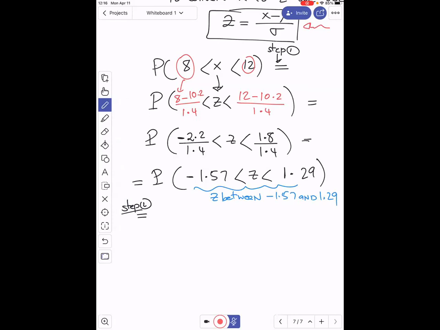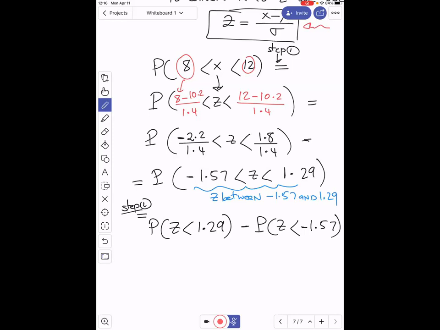So that's the probability that z is less than the second number, 1.29, minus the probability that z is less than the first number, negative 1.57.